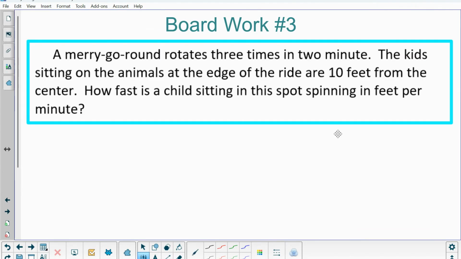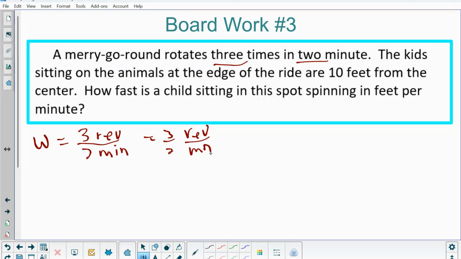So we have a merry-go-round, and the merry-go-round rotates 3 times in 2 minutes. Okay, so they're giving you the angular velocity in rotations per minute. So 3 rotations or revolutions for 2 minutes, or 3 halves revolutions per minute, however you want to think of it, okay?